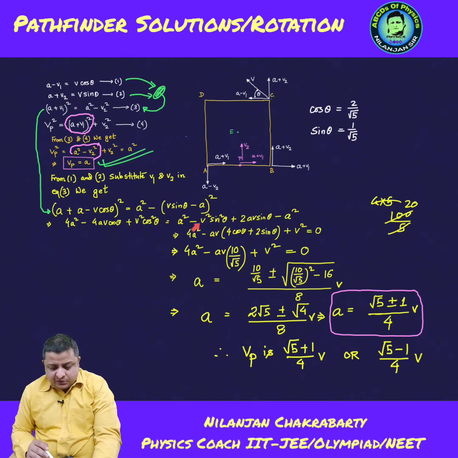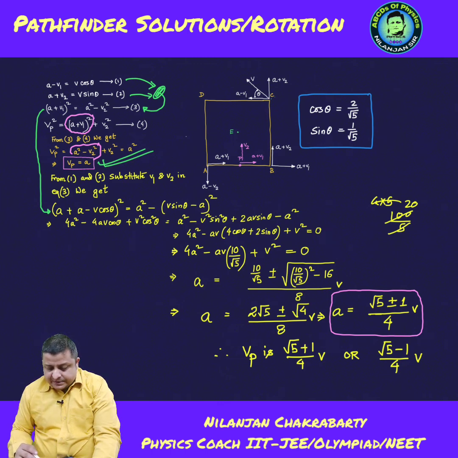So in this way, go on substituting, go on just writing the equations as it is. Try to simplify the equations as it is, and see, cos theta is 2 by root 5, sin theta is 1 by root 5. So just have a look at this equation.